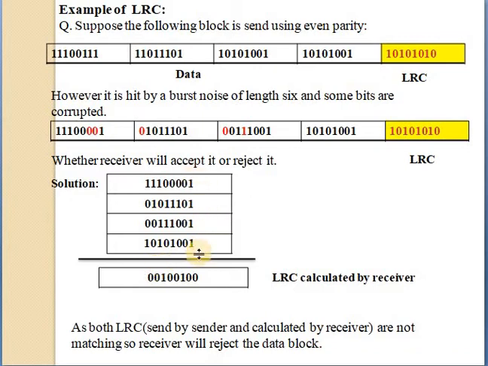Here the number of ones is 4, so first we add 0. After that the number of ones is 0, so add 0. After that the number of ones is 1, so we add a 1 as a parity bit. Again the number of ones is 3, so we add a 0.